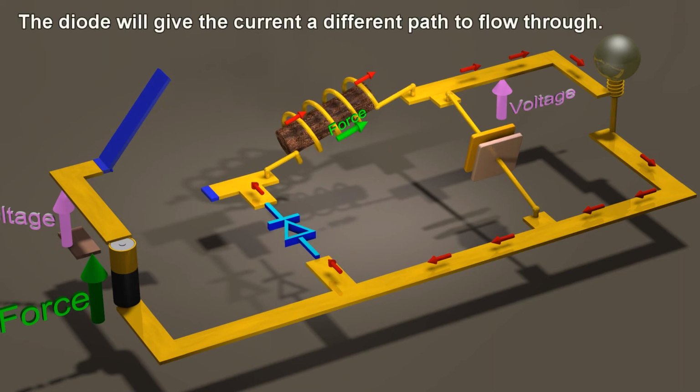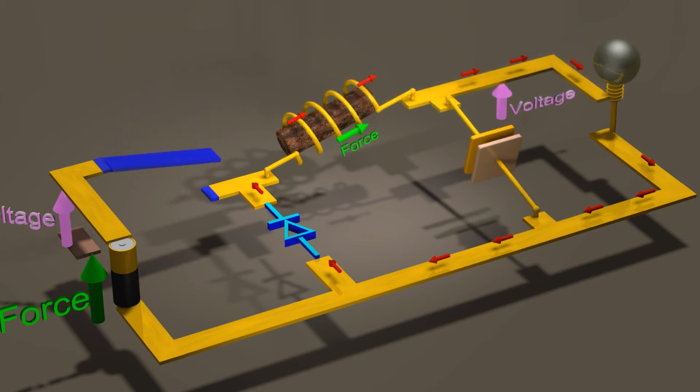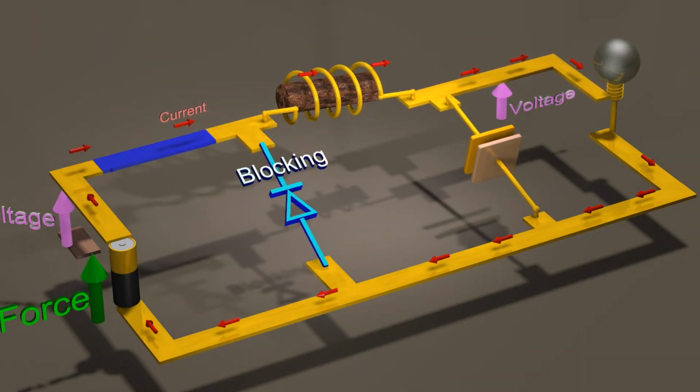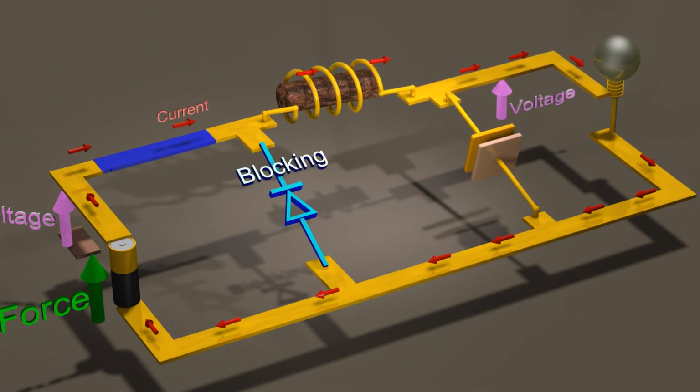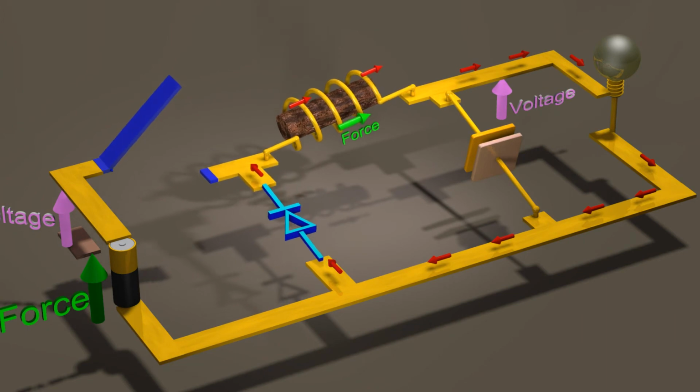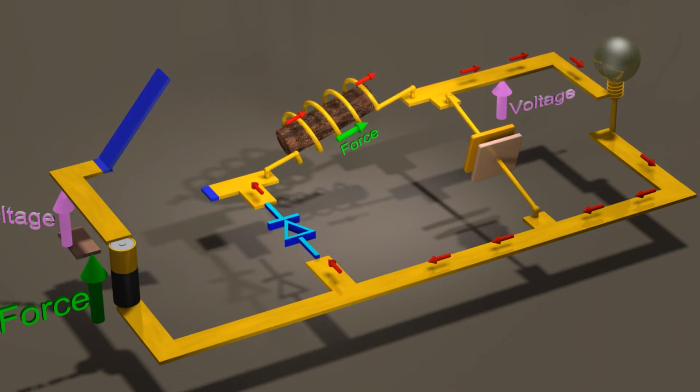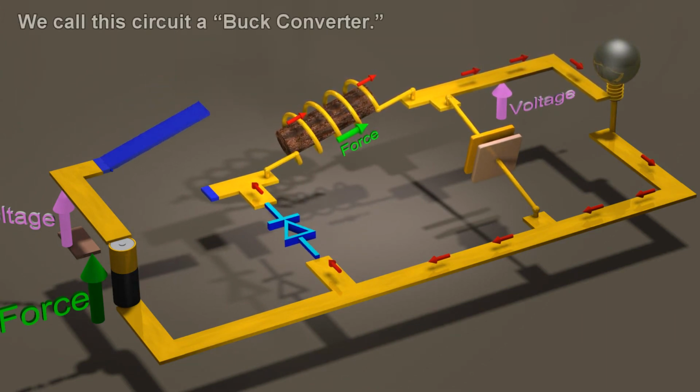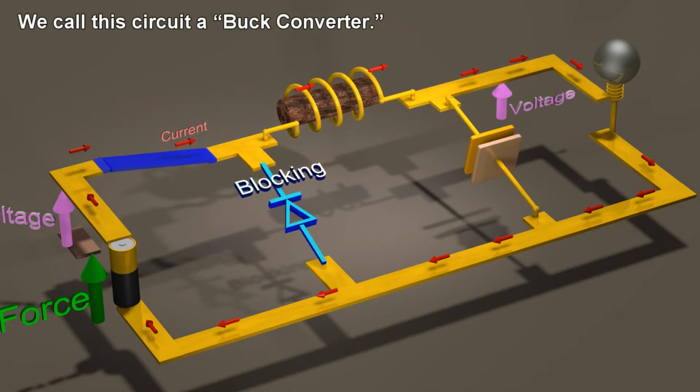The diode will give the current a different path to flow through. We call this circuit a buck converter.